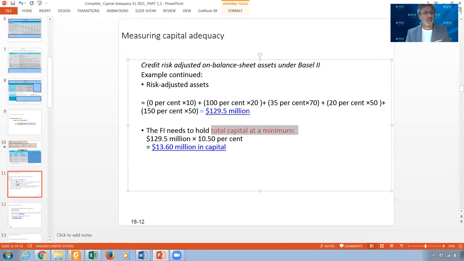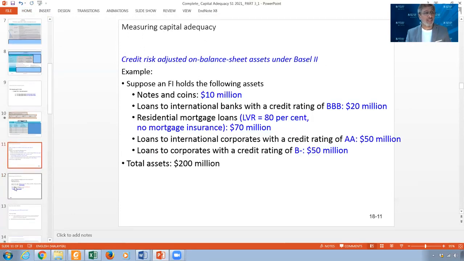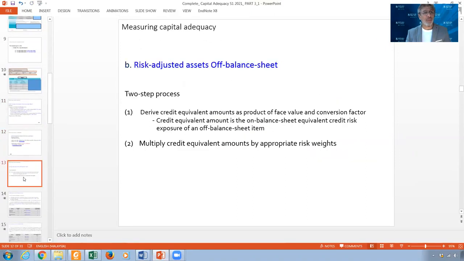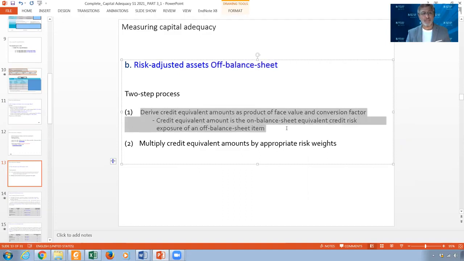It's very straightforward. Now let's move to the next step, which is the off-balance sheet. Off-balance sheet is not complicated, but it has to go through 2 steps. In the first step, you have to use tables 3 and 4 to get the credit equivalent.